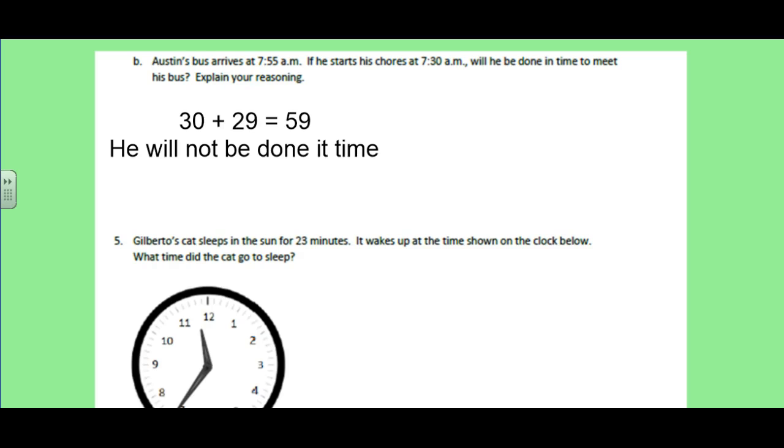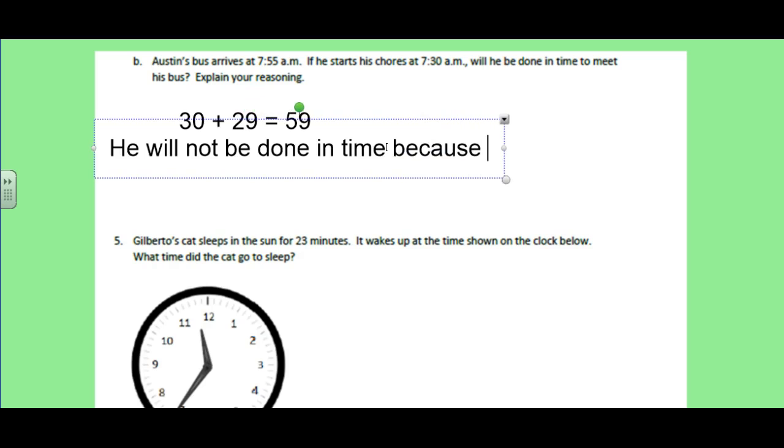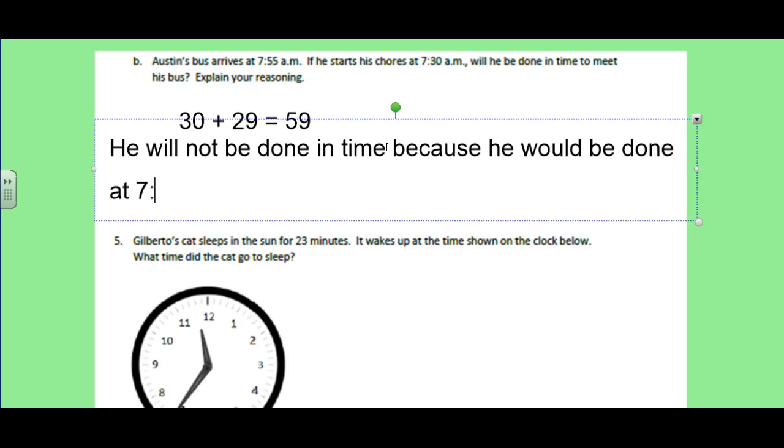So you should have put he will not be done in time. And then it says explain your reasoning. So we have to explain, and we're going to put because he would be done at 7:59 instead of 7:55.